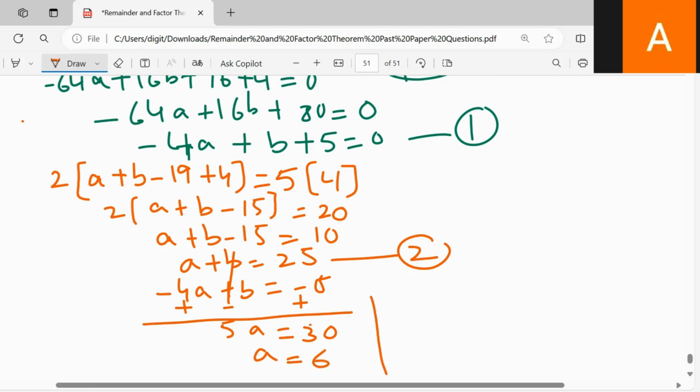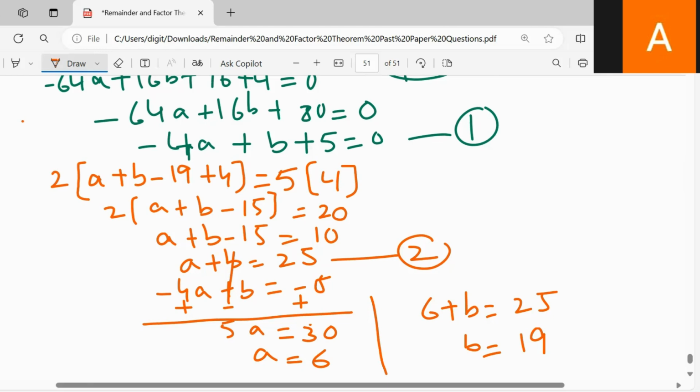Now you substitute this value in the equation and you get 6 plus b is 25, and b is 25 minus 6, which is 19. So this is how you can find the values of a and b. But this is not the factorized form of the equation. You just solved for a and b.